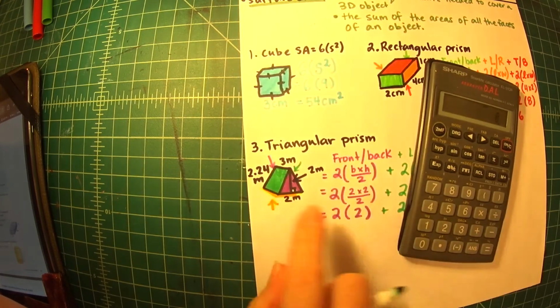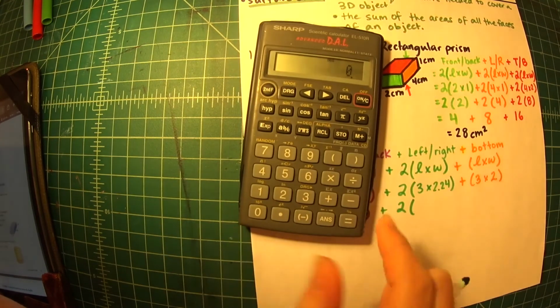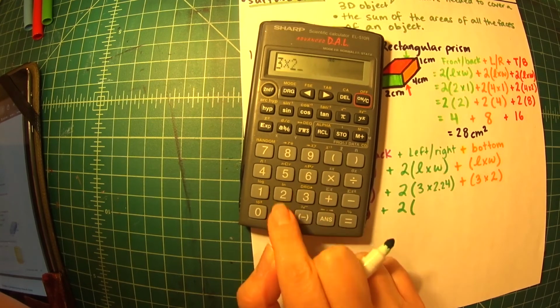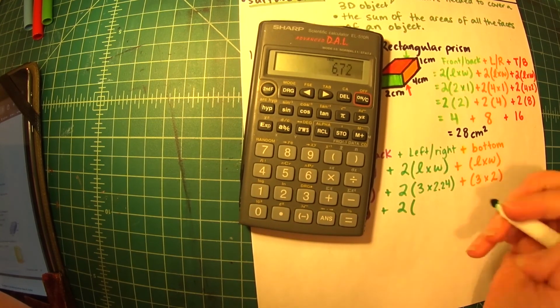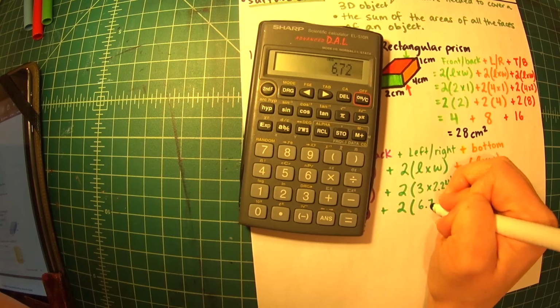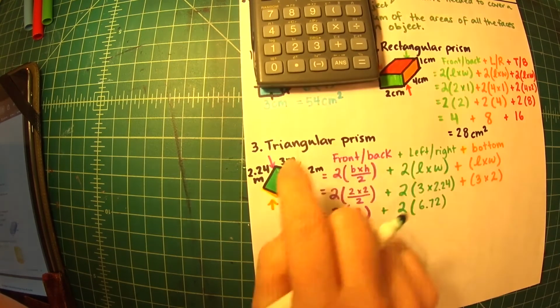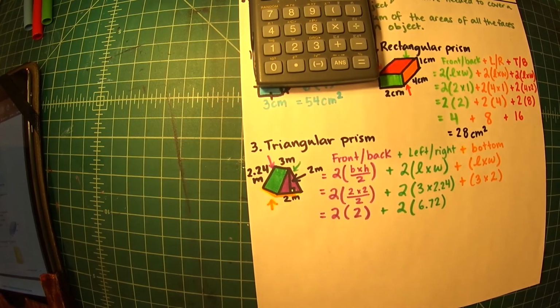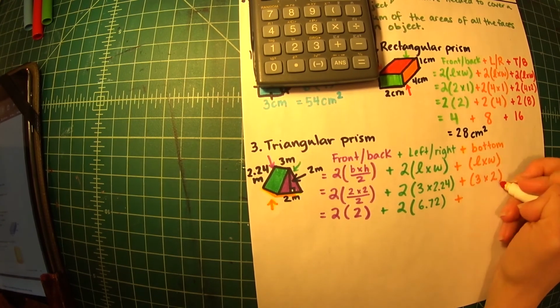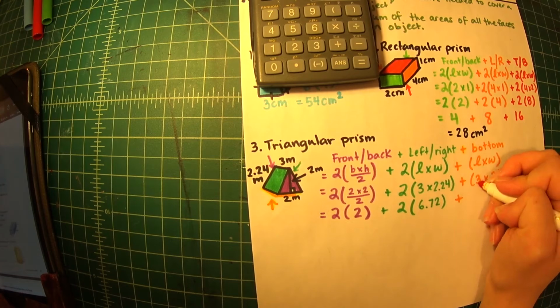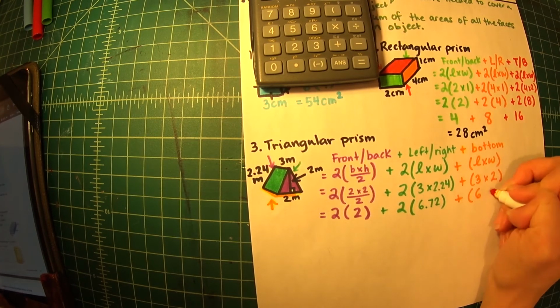Length times width of my side piece here, 3 times 2.24. 6.72 is the area of one of my side pieces. And then last but not least, the area of my lonely old bottom, 3 times 2 is 6.